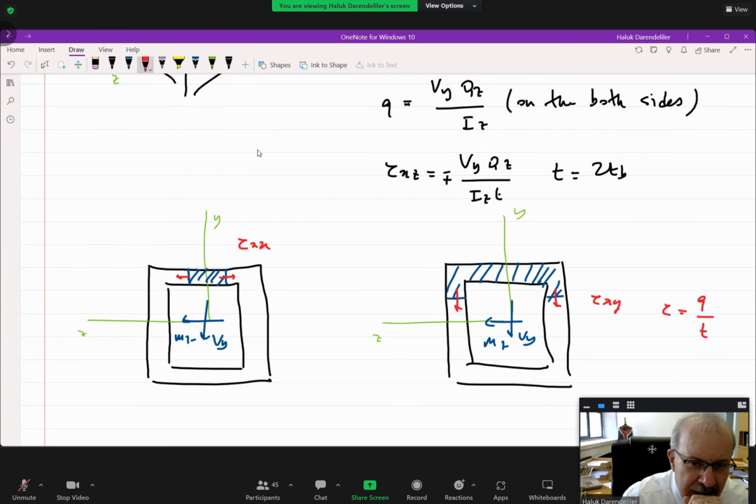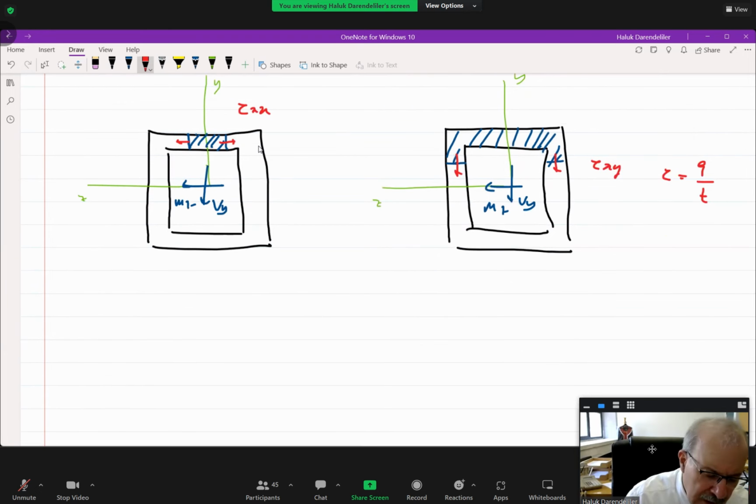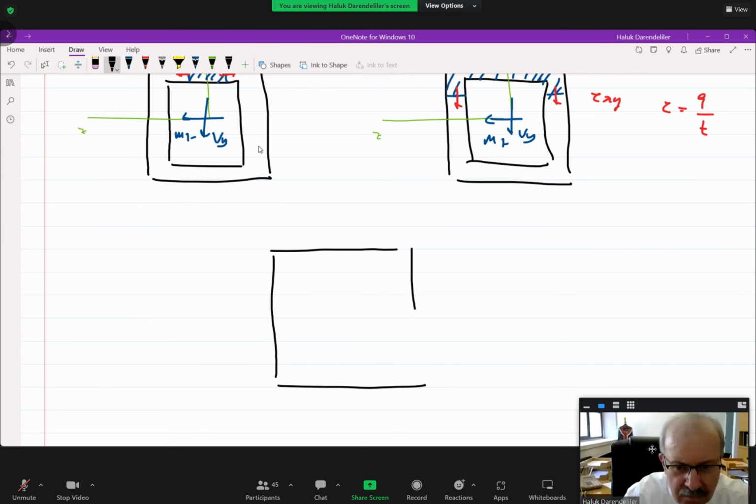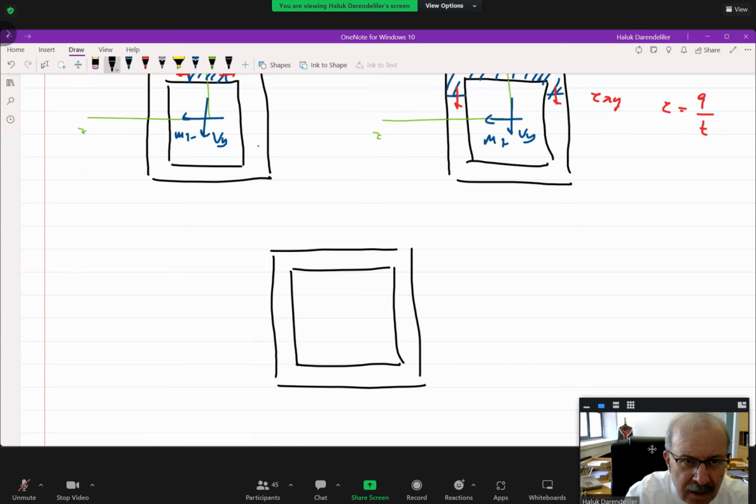Okay, now what about the flow of Q? Let me draw it as the final part of this derivation. For a thin-walled member, if there is a shear force applied on that member, so say that this is the z-axis and this is the y-axis, and say that this is the shear force given in the problem, okay, which is coupled with the moment, so Vy, Vy, and this is the moment.